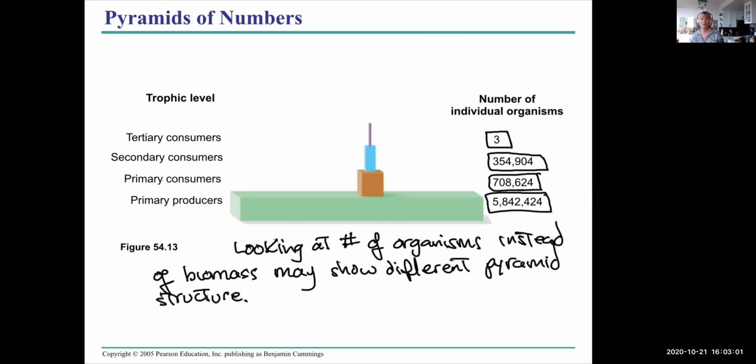Because some individuals may be very large. So one individual may account for quite a lot of biomass, but it wouldn't be reflected in the numbers. Instead of biomass, they show different pyramid structure because individuals can be large or small.